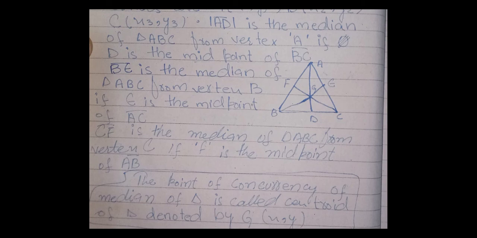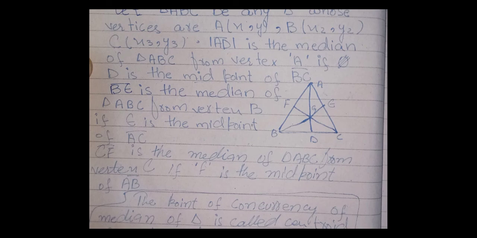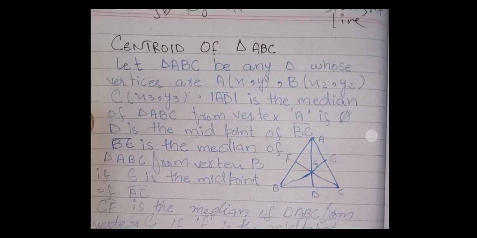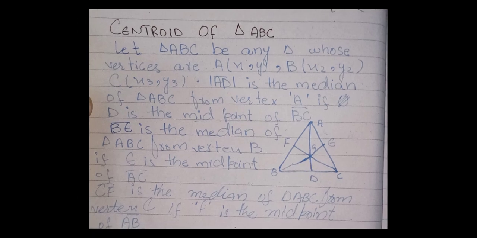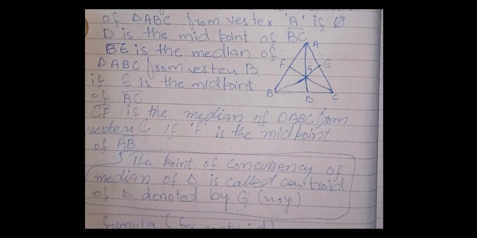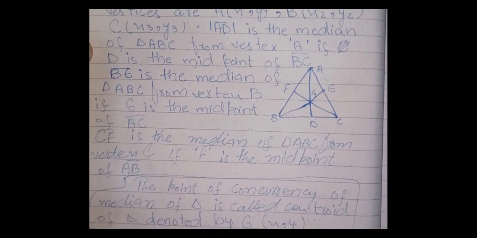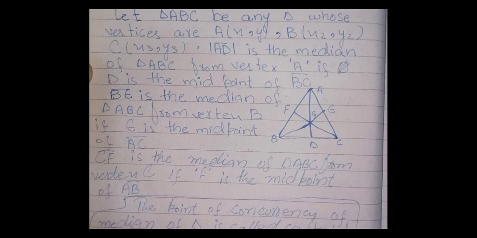What is a median? I am explaining what a median is. A median is actually the point of division or bisection. If we make a median from point B, then we have to cut the front side, AC, into two equal parts of the same length.